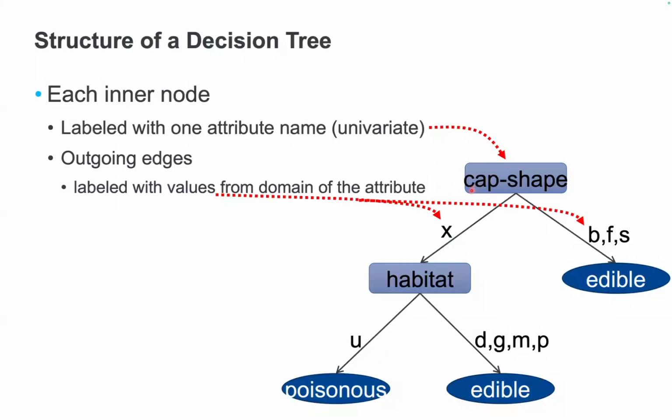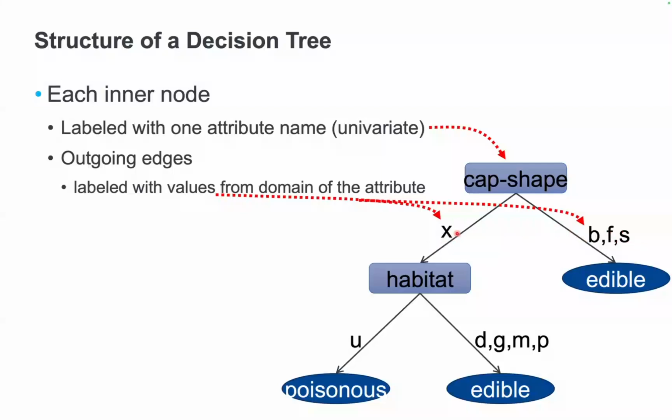Then from a node, there are outgoing edges. And these outgoing edges are labeled with values from the domain of the attribute in this node. So if I have cap shape, I must take all the possible values of this attribute cap shape and have them on my outgoing edges. In this case, I only have two outgoing edges, but all the values are assigned to one of these two outgoing edges.